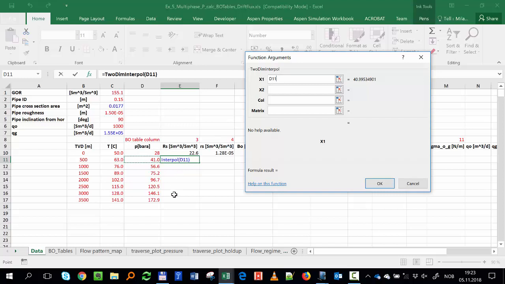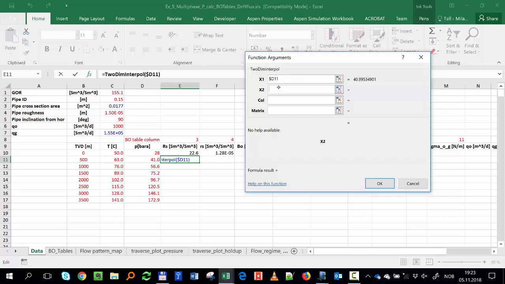When I pull it down, I want it to be 12, 13, 14, etc. So I'm going to block only the D. To block only the D, I press F4 3 times, 1, 2, and 3, until the dollar appears in front of the letter D. That means it's blocked on the column. It doesn't matter if I drag it to the right, it will always be on D. But when I drag it down, it's going to change 11, 12, and so forth.